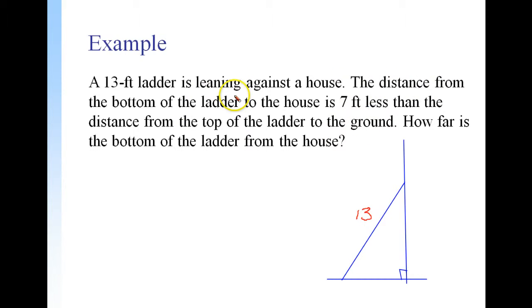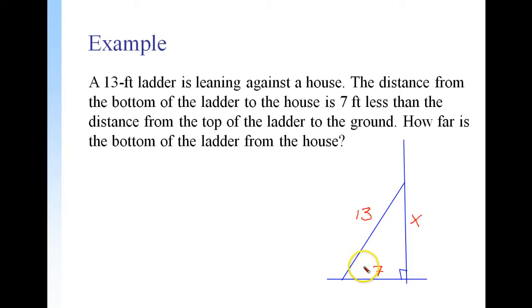Now the distance from the bottom of the ladder to the house is 7 feet. So this is going to be 7 feet. Oh, wait a minute. The distance from the bottom of the ladder to the house is 7 feet less than the distance to the top of the ladder. Oh, okay. So this is going to be x. We don't know this.